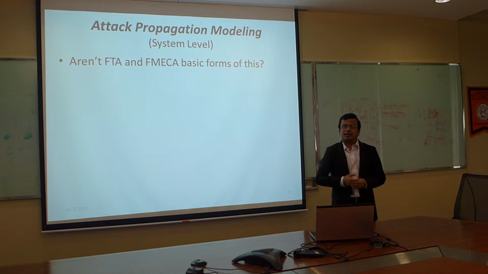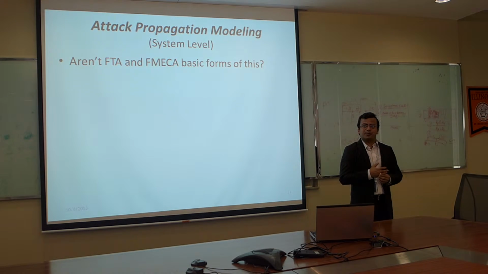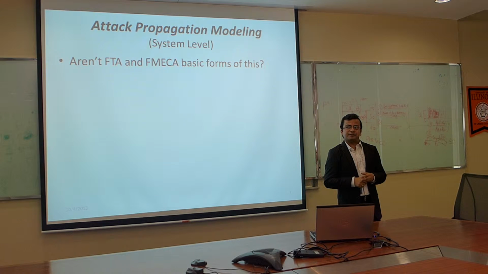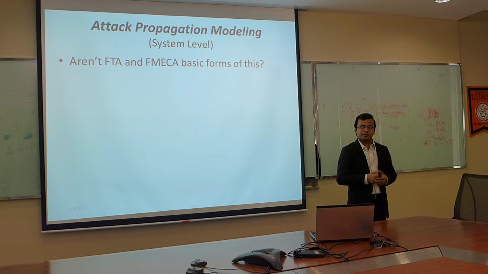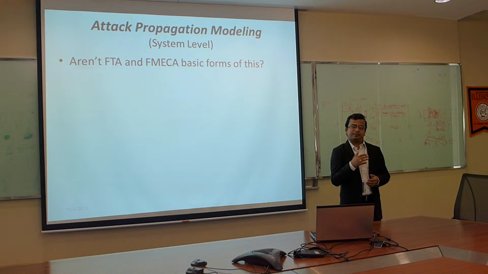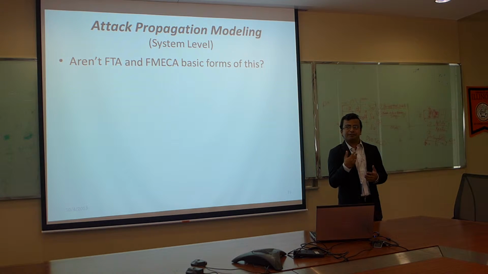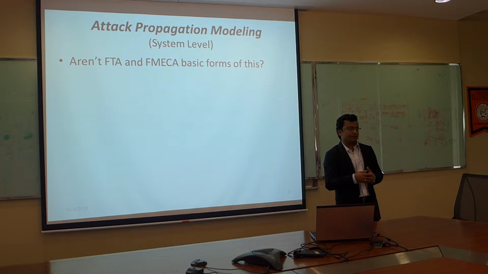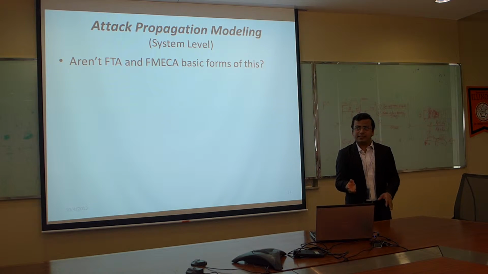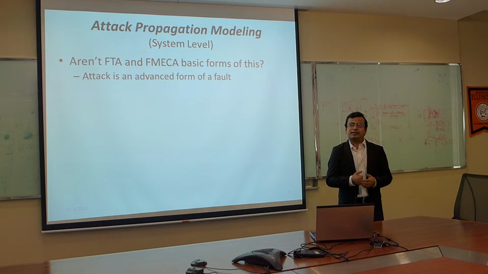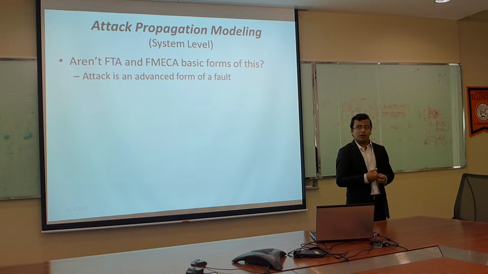The other thing that I have studied here is attack propagation modeling. If you remember, I have done FTA and FMEA for embedded system designs, which basically look at fault propagation, failure modes, their effects, and how critical those effects are in a system. Isn't it very similar to that? Because an attack can be considered an advanced form of a fault, as long as it injects a fault.